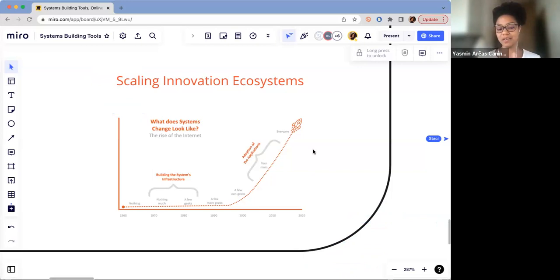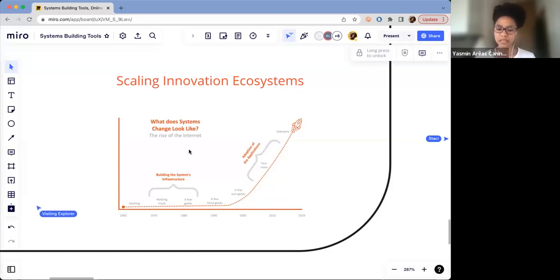And we talked about this example of the internet, that it's a very innovative platform exactly because it allows all these elements to connect in ways that weren't possible before. And we mentioned the innovation ecosystem example of Climate-KIC and the UN.